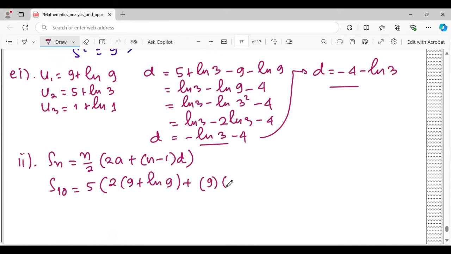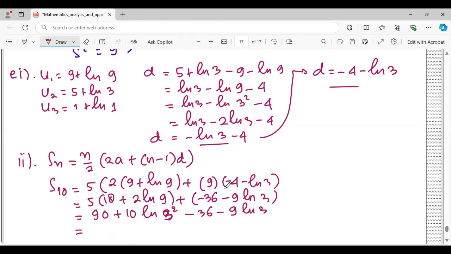Wait. Oh, it should be multiplied by 5 as well inside here. So 180, I mean, because 5 times minus 36. And 5 times 9 is 45. This is 45 actually.